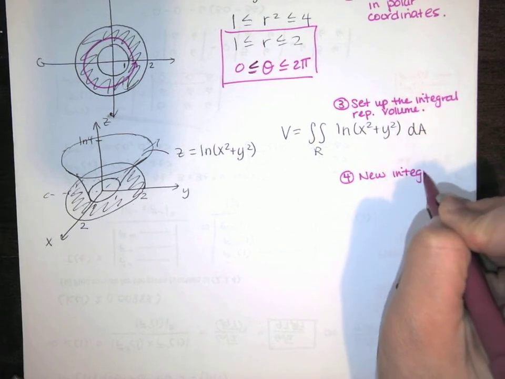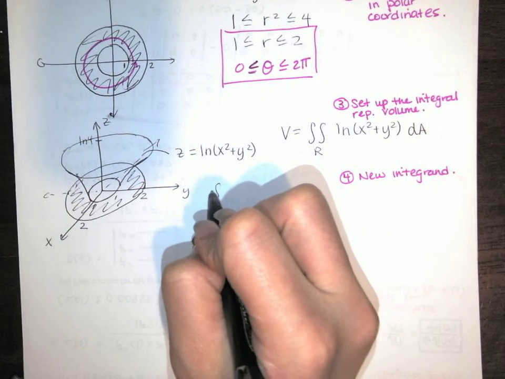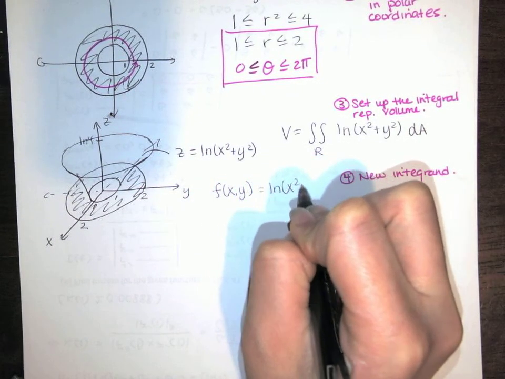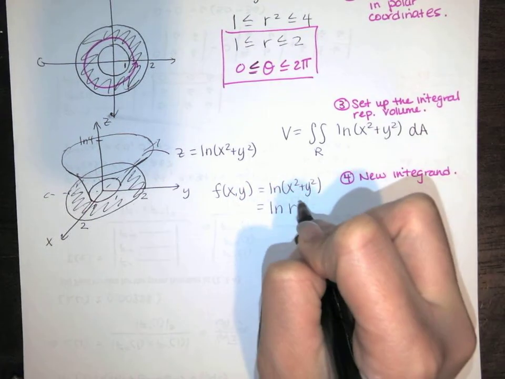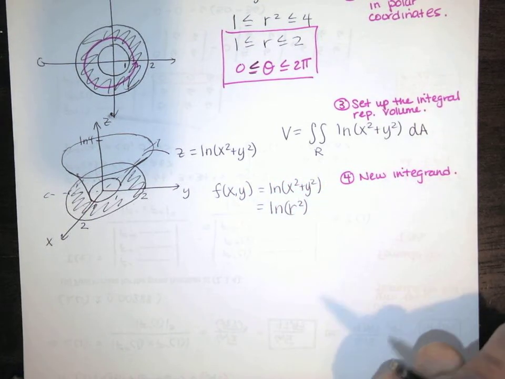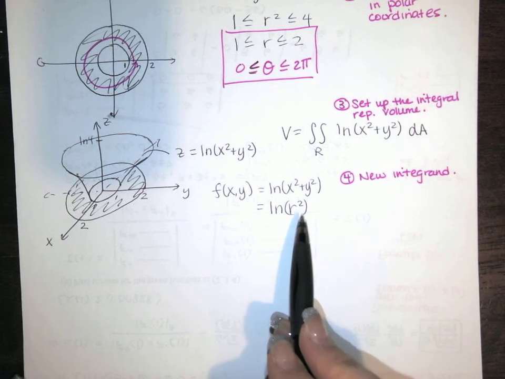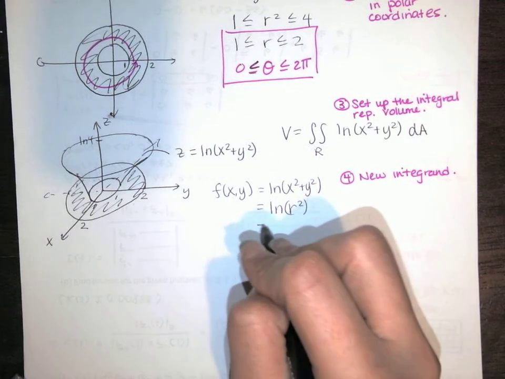Find the new integrand. It's actually pretty easy. F of x, y is natural log of x squared plus y squared, and in polar coordinates, x squared plus y squared is r squared. Now, because of our log properties from algebra, I can actually bring that 2 out front.